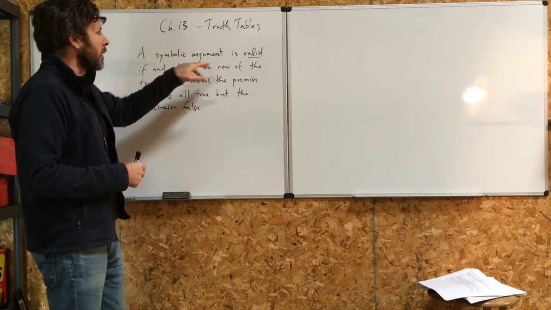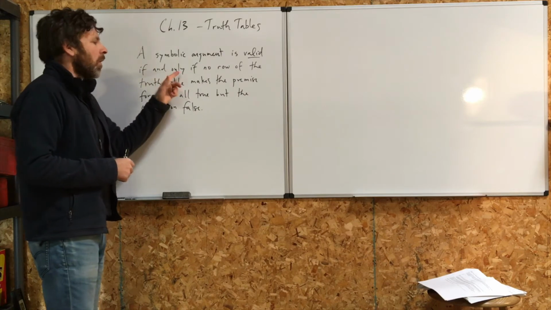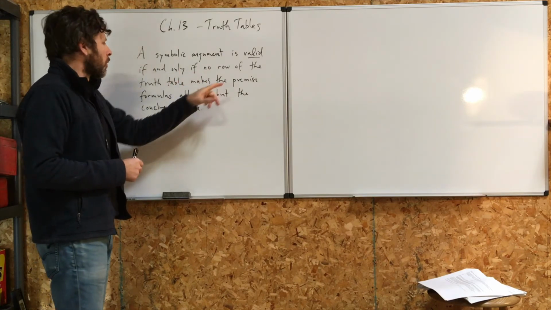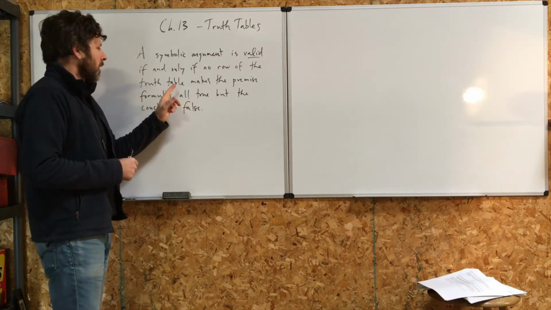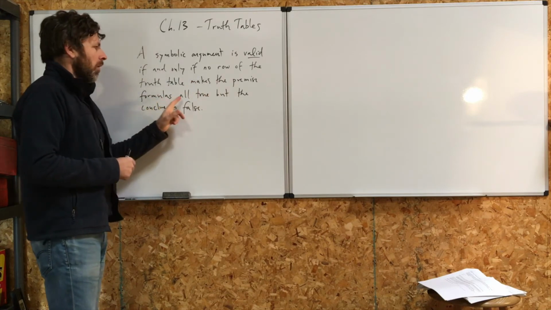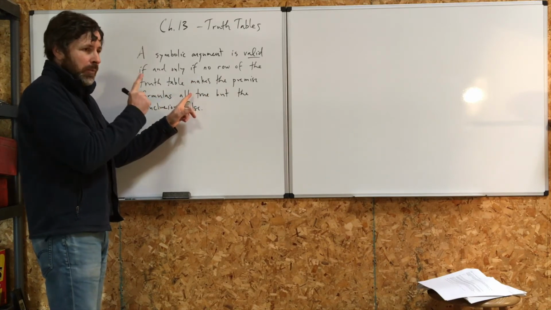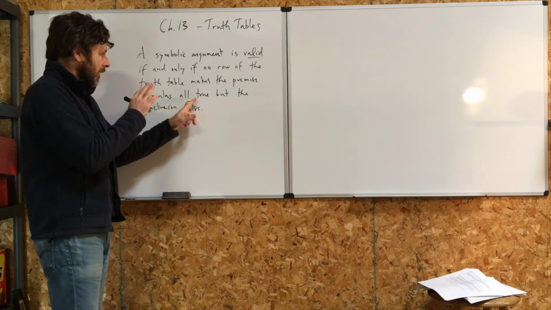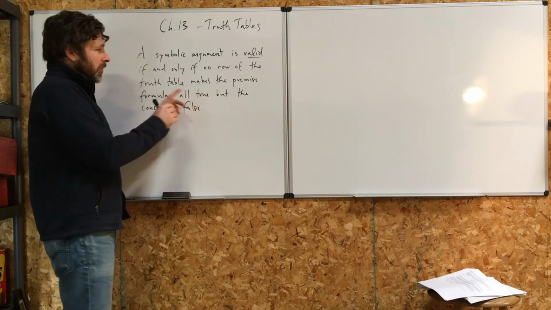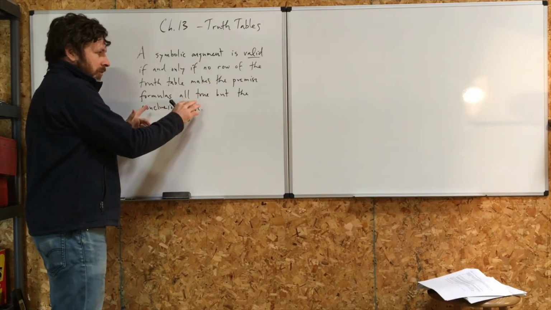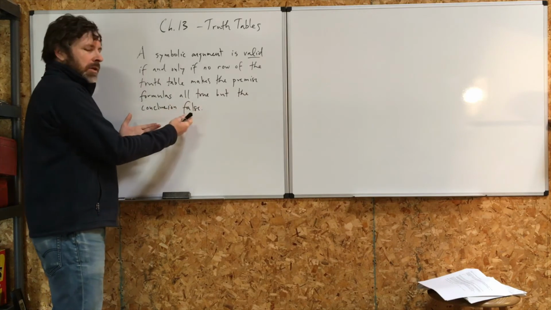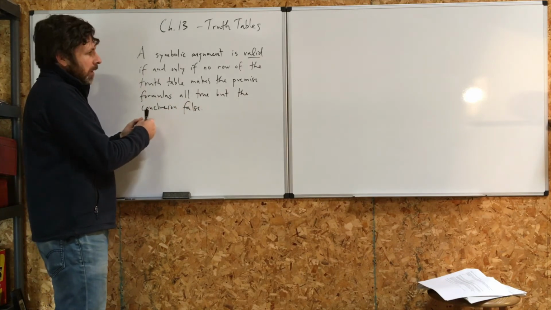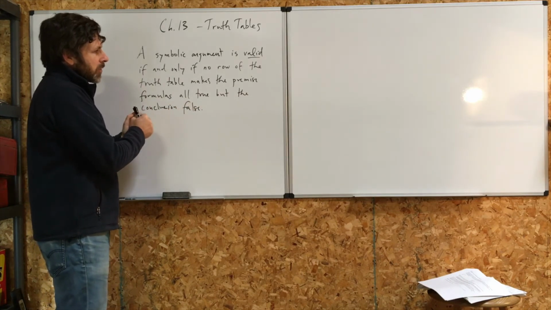A symbolic argument is valid if and only if no row of the truth table makes the premise formulas all true but the conclusion false. If there's one premise formula, is it true? If there's 20 premise formulas, are they all true? But the conclusion false. Okay, that's what you're looking for.